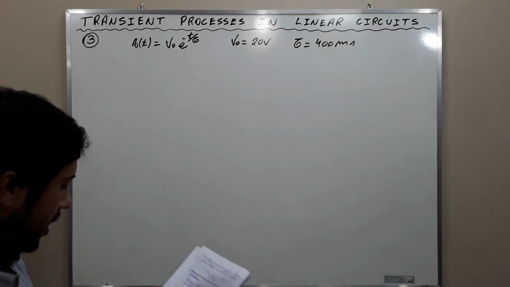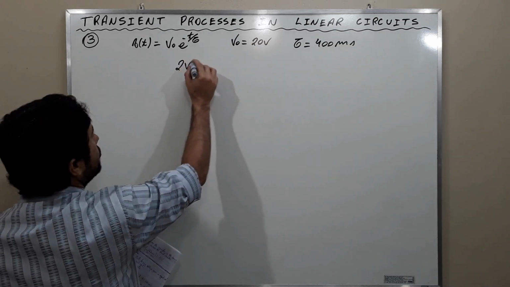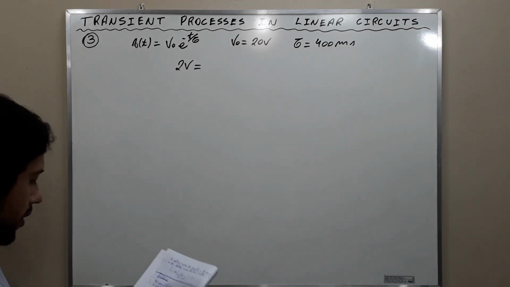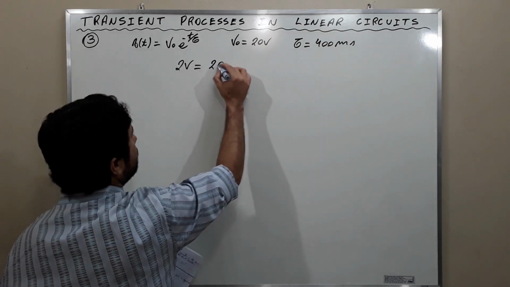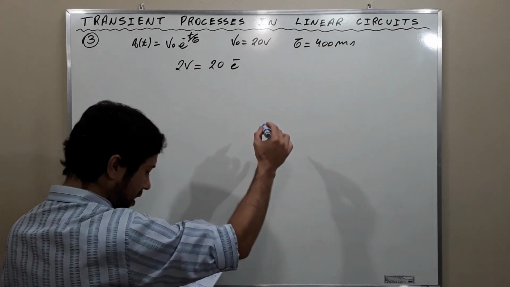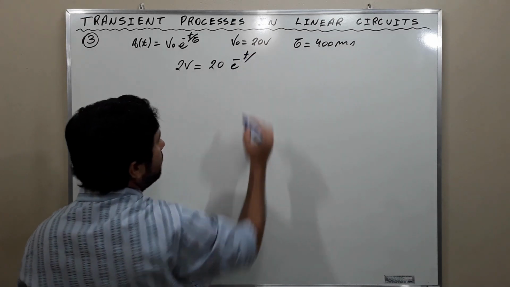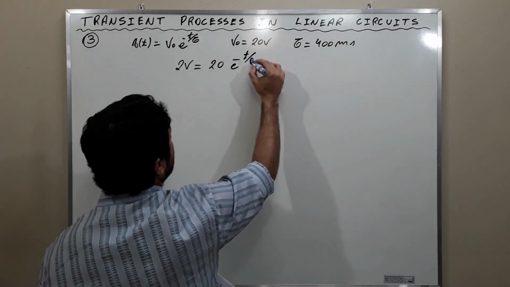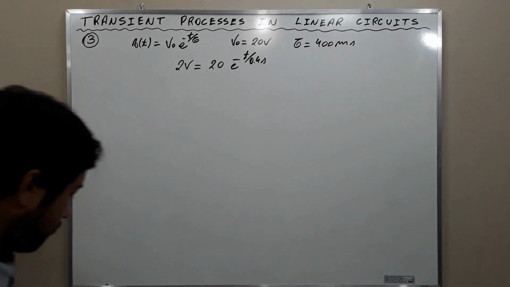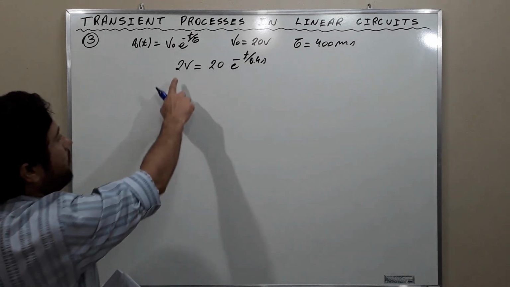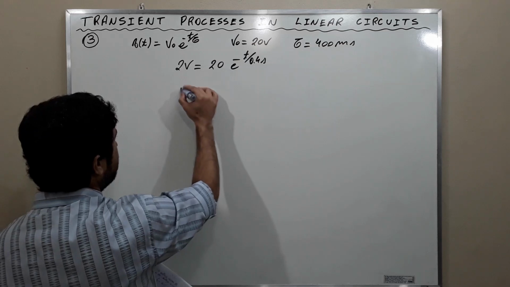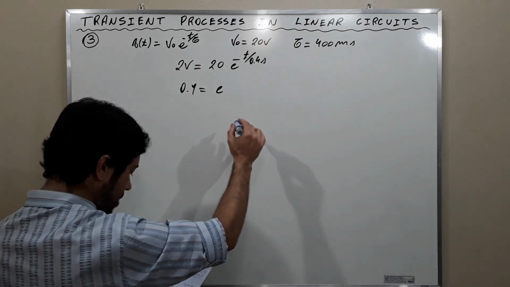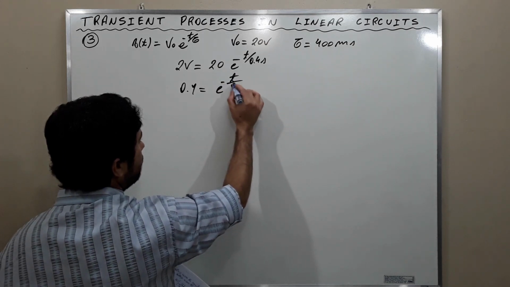Let's calculate this time. 2 volts, which is the voltage for triggering, has to be equal to 20 times e raised to the power of negative t divided by 400 milliseconds, which is 0.4 seconds. Dividing 2 by 20, we find 0.1 equal to e raised to the power of negative t over 0.4.